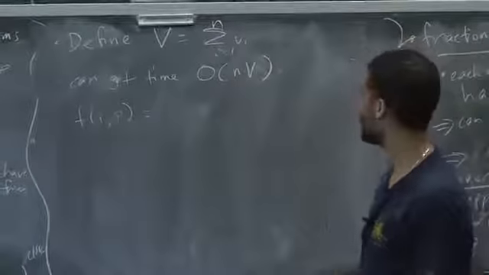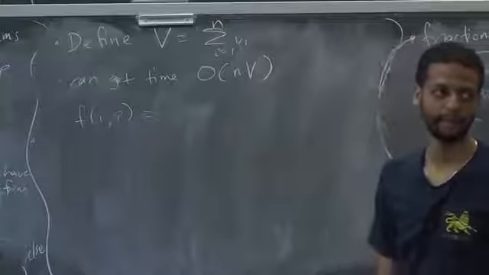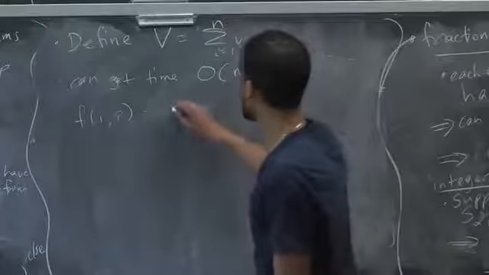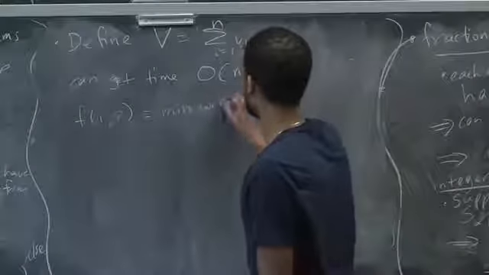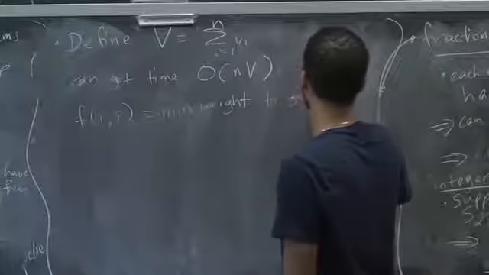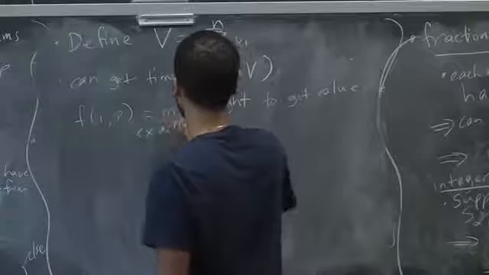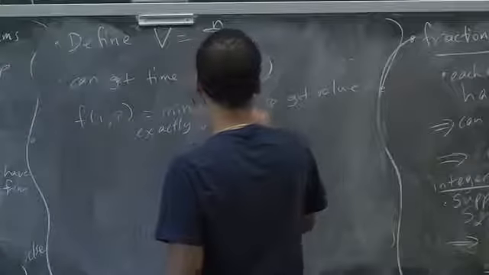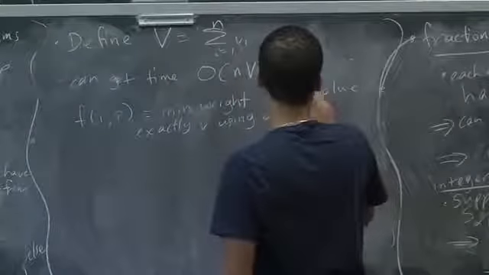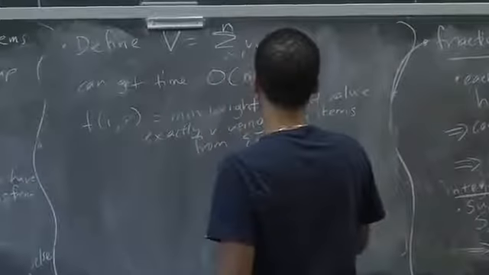How would you define f of i comma p? Yeah, the minimum weight to get value exactly p using only items from the set 1 up to i.